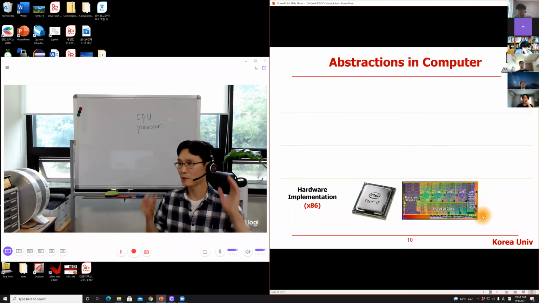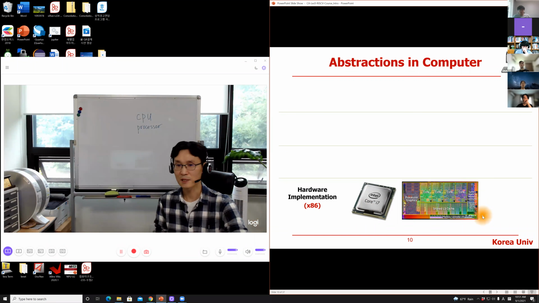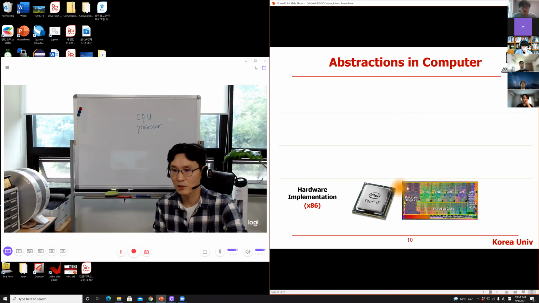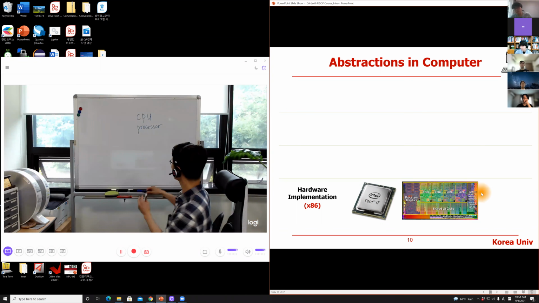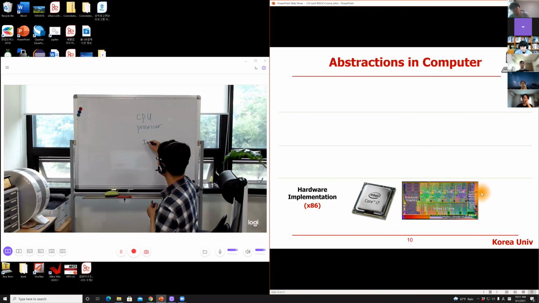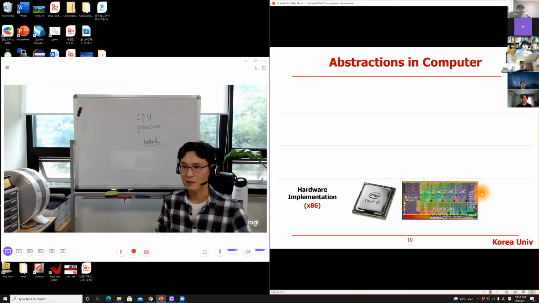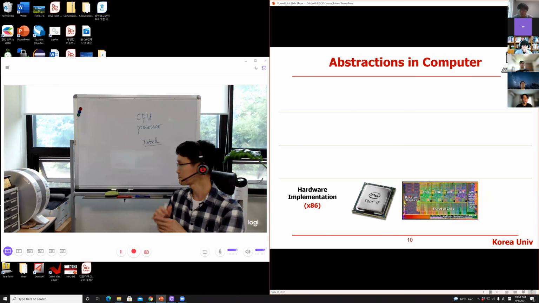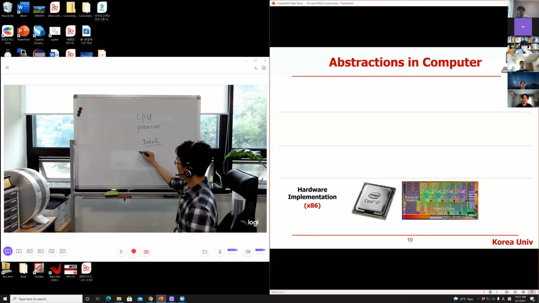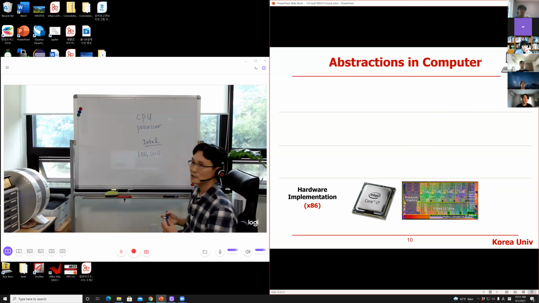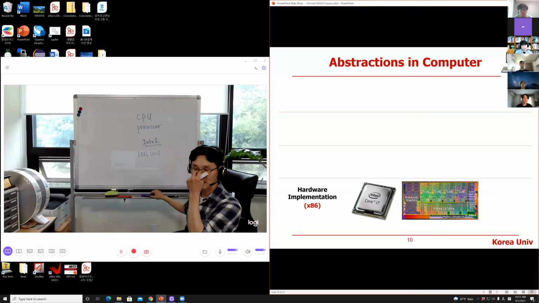Do you know how many people work for Intel? This chip is from Intel, a US company. Intel is designing and manufacturing this chip. Roughly 100,000 people work worldwide.